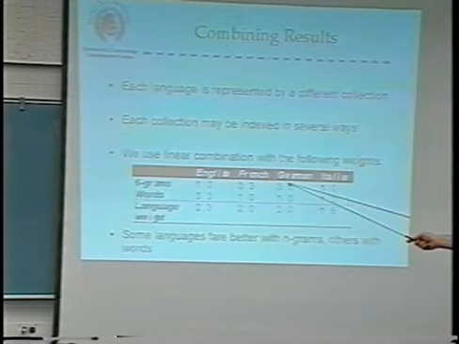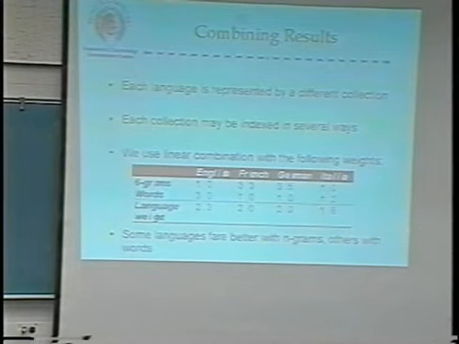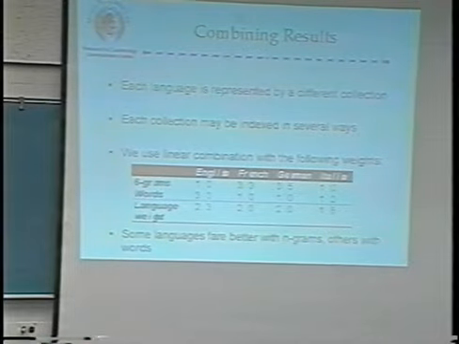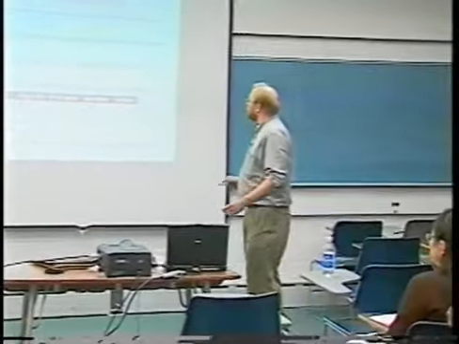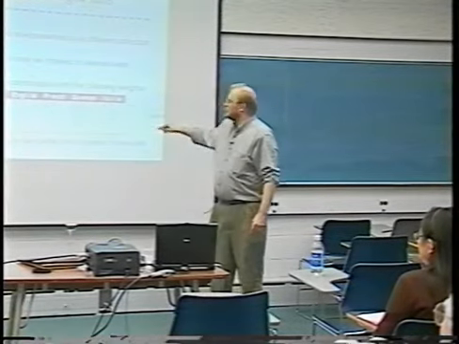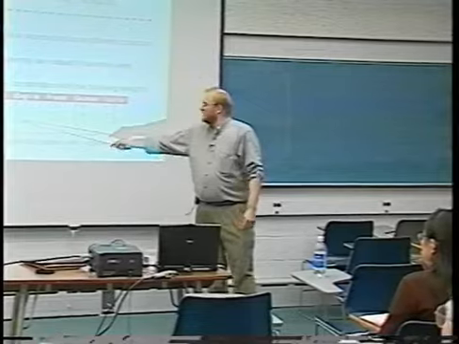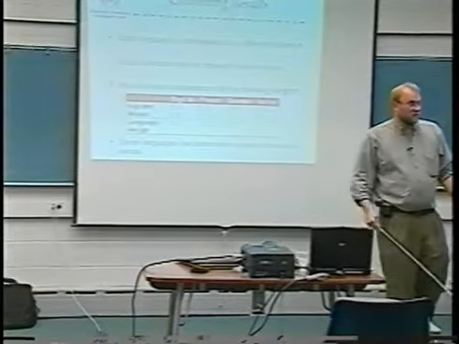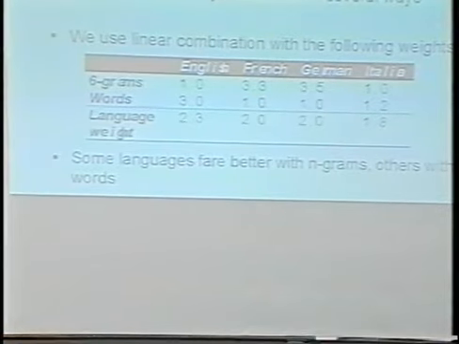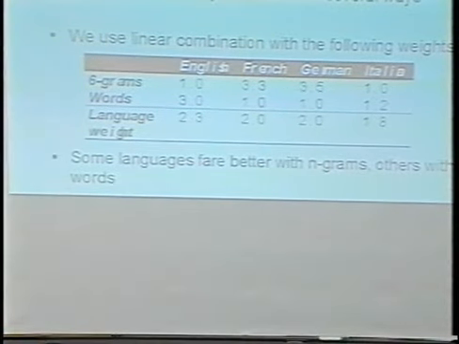That was very different in German. In German, 6-grams worked significantly better than words, and I'll talk about that in a minute. So we had these within-language weights, and then we also weighted the languages to indicate that, well, English results are just better than the results in the other languages. Italian was worse. The reasons for that are complex.